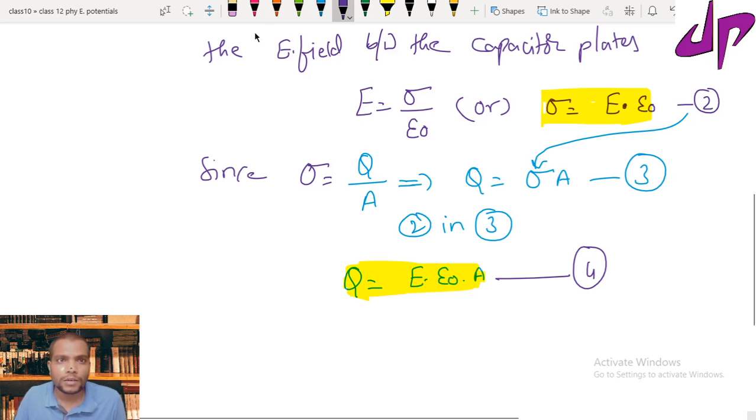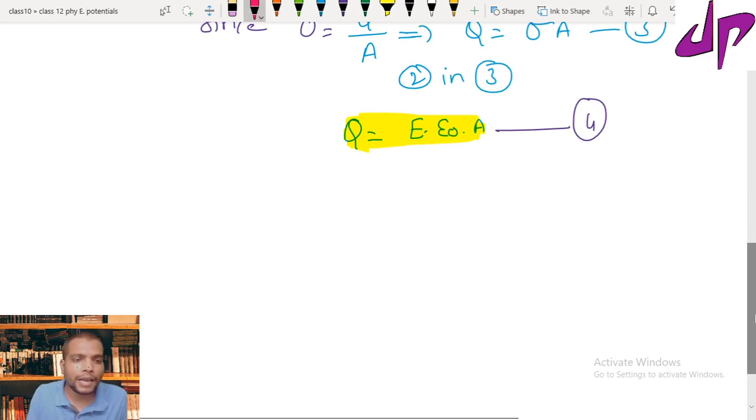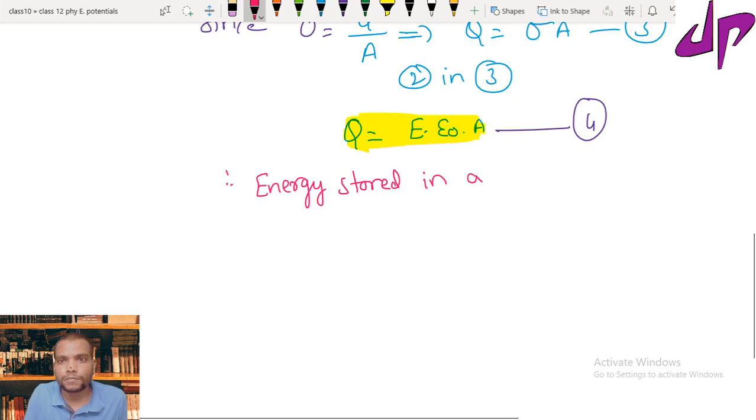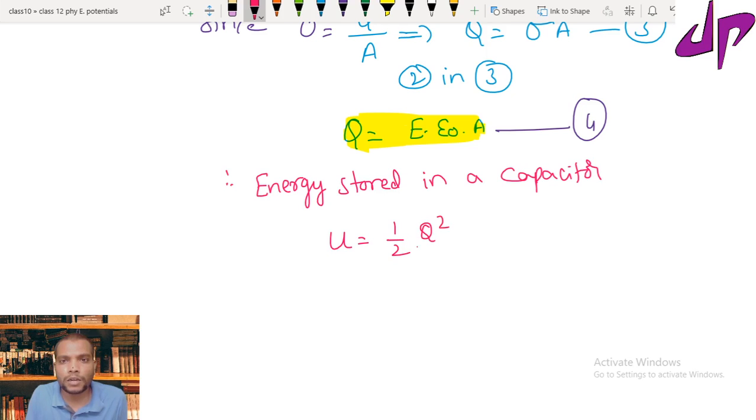Now finally, to derive the energy density, let me take the expression for energy stored in a capacitor. The energy stored U equal to half Q square upon C. You can substitute the corresponding Q and C values here.